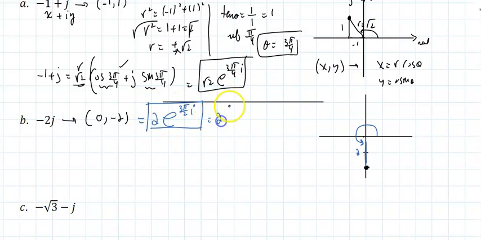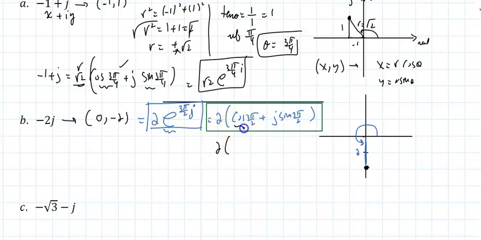The book will write a 2 and will write e to the 3 pi over 2 as the cosine of 3 pi over 2 plus j, they like j, I keep on forgetting, sine of 3 pi over 2. And there it is. Done. Now let me just demonstrate really quickly. It's not a big secret.